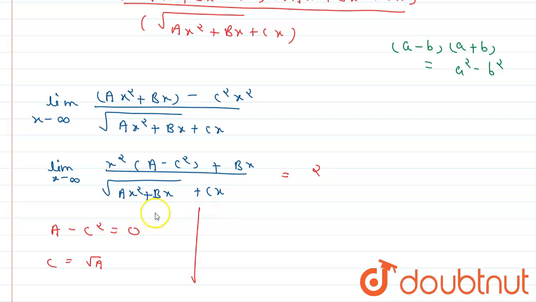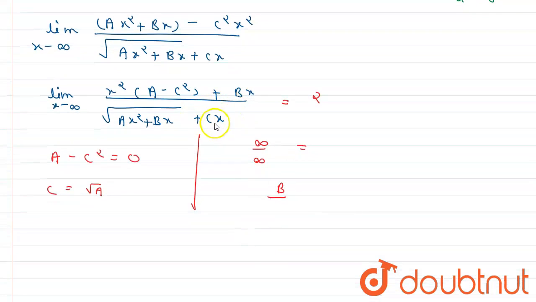Now the limit of infinite upon infinite is equal to what? It is the ratio of the coefficients of the highest power. Here x is the highest power, so the ratio of coefficients is b upon, here the coefficient of x is c, plus the coefficient of x is not b, because the root is applied, so it will become root a.